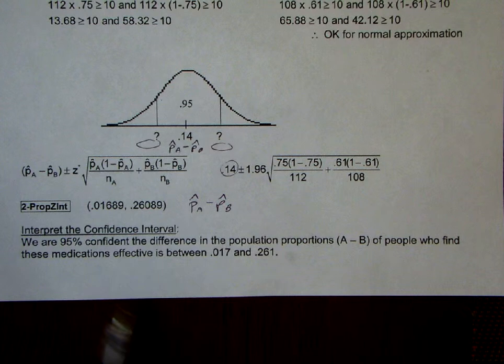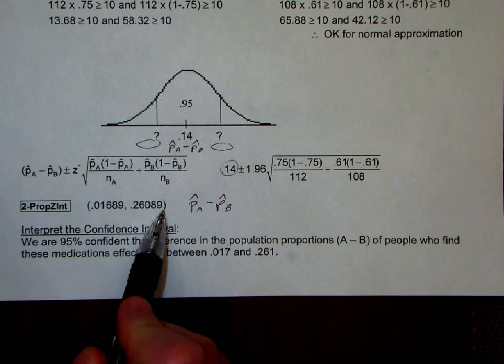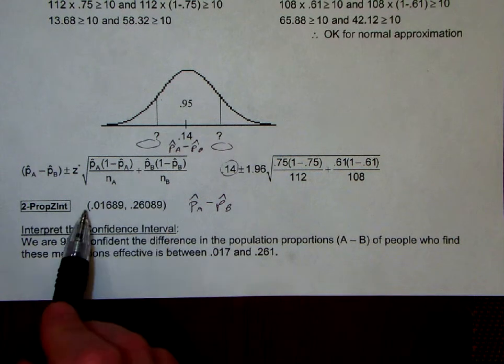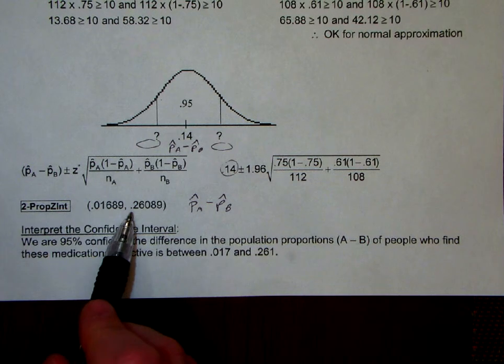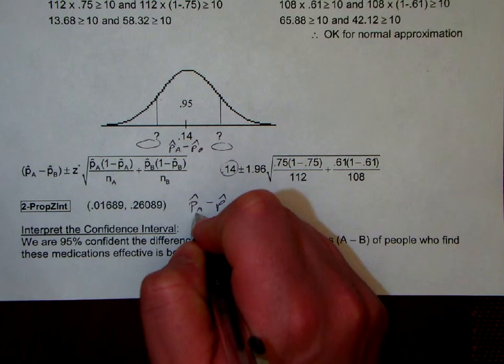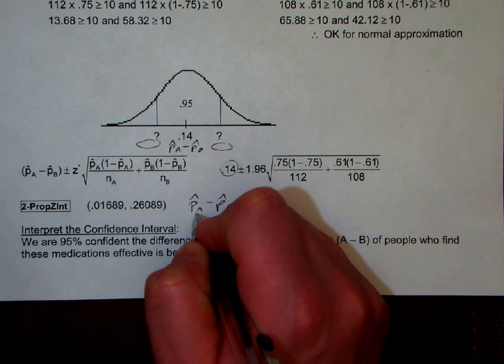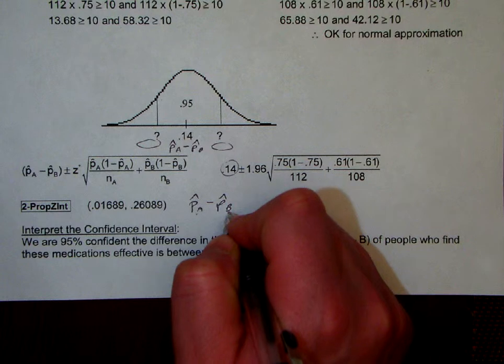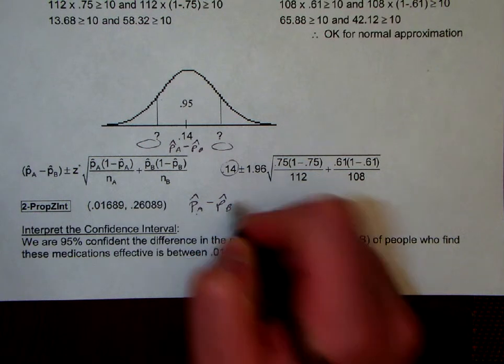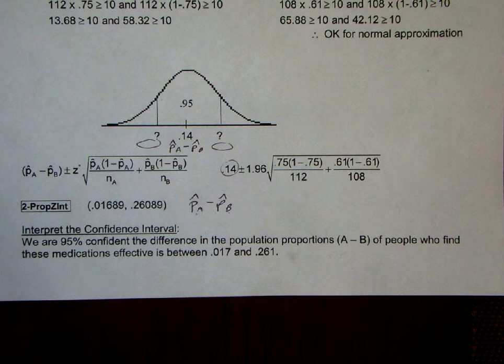But because we are always positive, and 0 is not in the interval, I can say that there was a higher proportion of people who took pain reliever A that was affected versus the people who took pain reliever B effective. So you can turn this into a significance test, where, is there a difference between these two things? And that's what we'll be working on tomorrow, because this is a confidence interval. It can relate to a two-sided test.